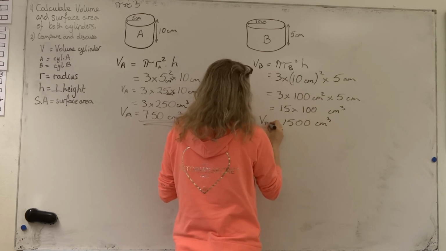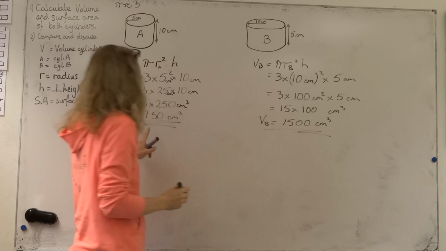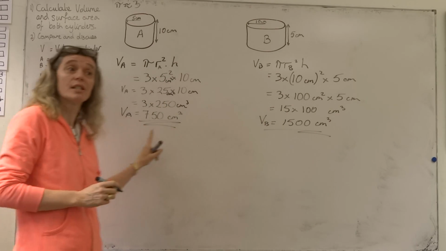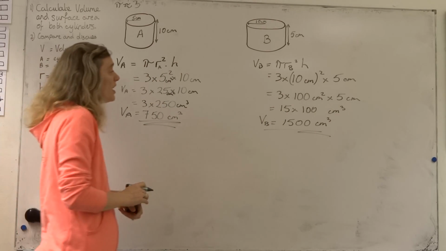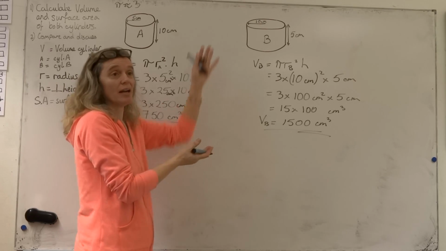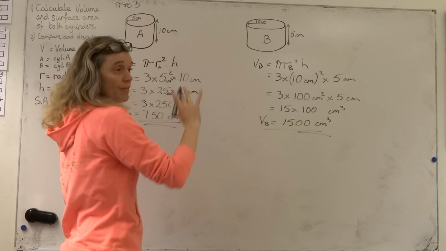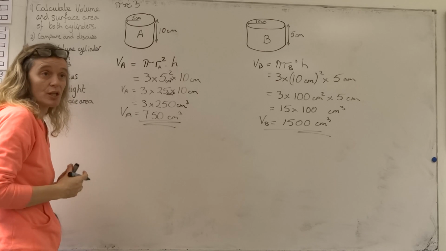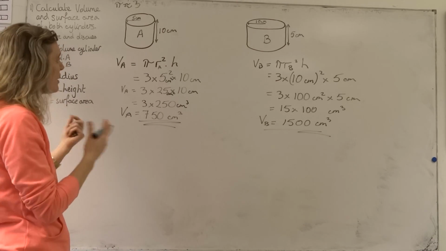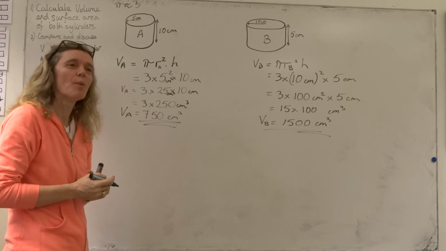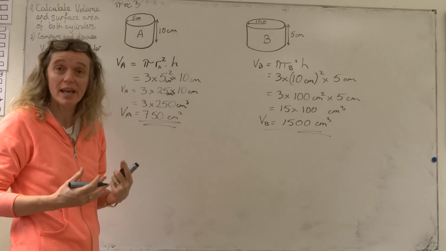So the volume of cylinder B is actually double cylinder A. We would expect that. It's a lot wider, even though it's shorter. That's going to give us a lot more volume. So that's really not interesting. It gets interesting when we calculate the surface area.